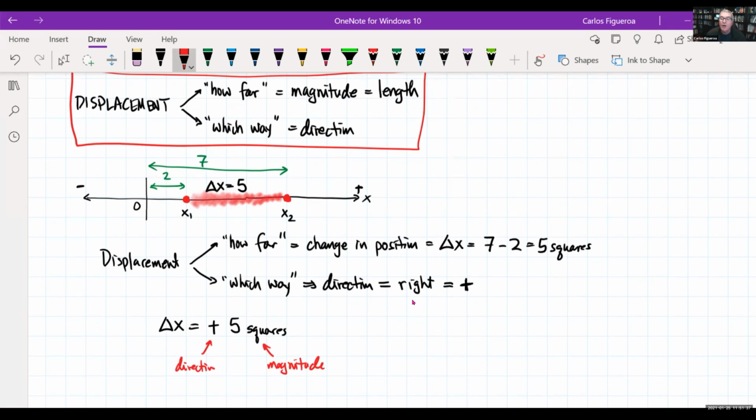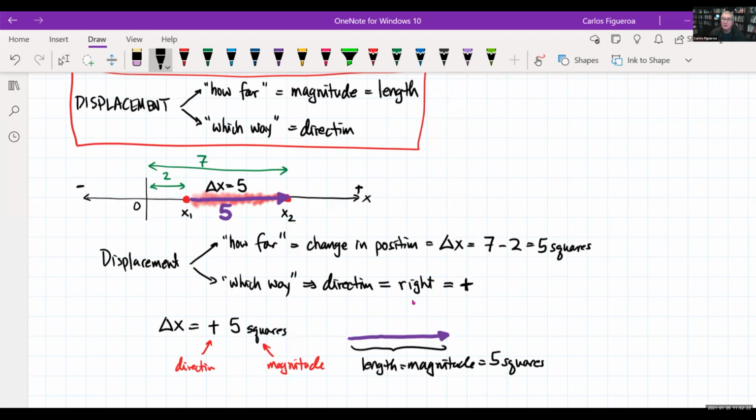So how do we draw this as a picture? The way we draw this as a picture is we draw an arrow. So the arrow starts at x equal to 1, and then it moves to the right. How many squares? It moves 5 squares. And so this arrow, which is 5 squares, you could see that the length of this, which is also called the magnitude, is 5 squares.